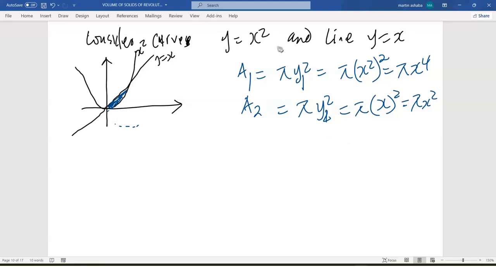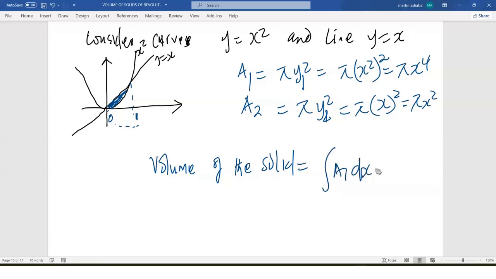So what does that mean? If I'm talking about a region between 0 and 1, if I find out that actually the two are intersecting at 1, or I'm just looking at the region from 0 to 1, then I can say the volume of the solid will be integrating area A1 with respect to x minus integrating area A2 with respect to x.